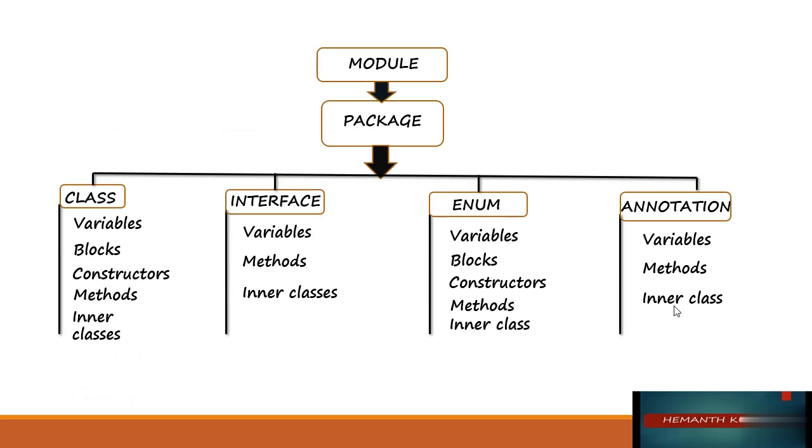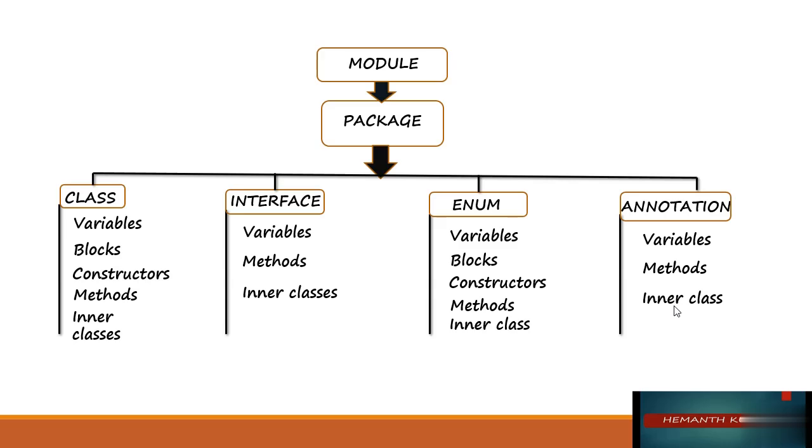So a module consists of packages. A package consists of multiple classes. And a class consists of variables, blocks, constructors, methods and inner classes. And a package consists of multiple classes, interfaces, enums, annotations.